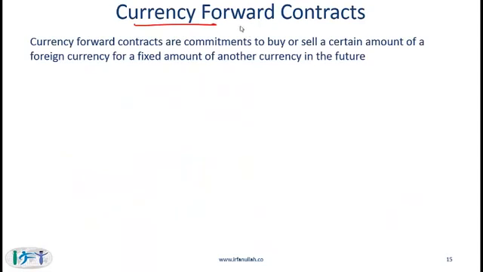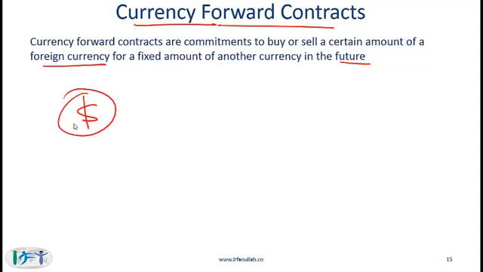Next, we come to currency forward contracts. Currency forward contracts are commitments to buy or sell a certain amount of a foreign currency or a fixed amount of another currency in the future. Here is a simple example. Let's say that you are based in the United States and operate in dollars.